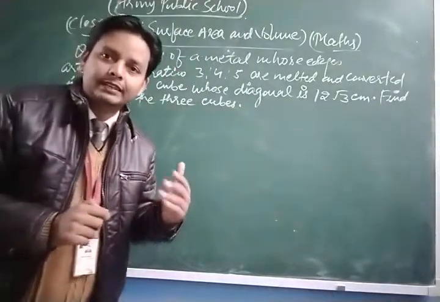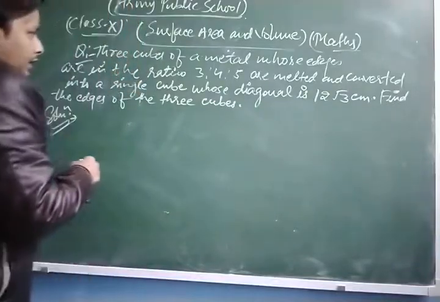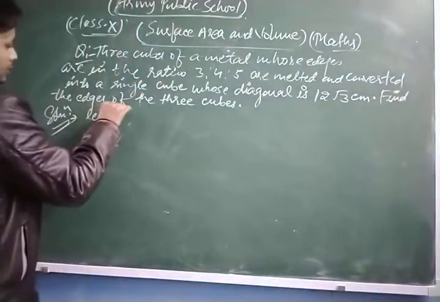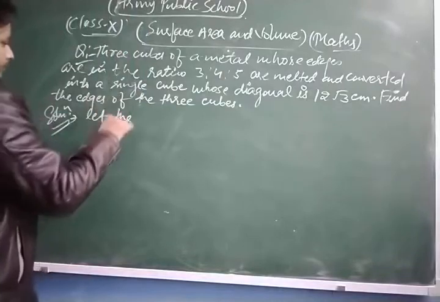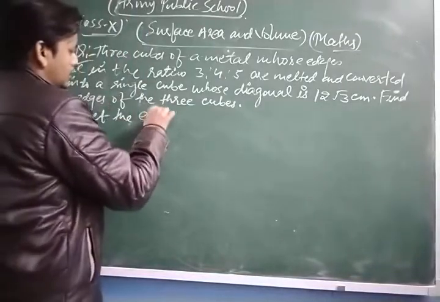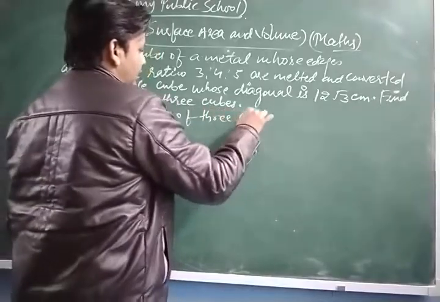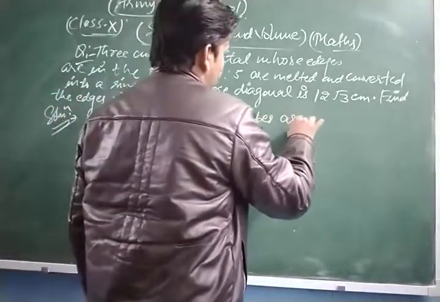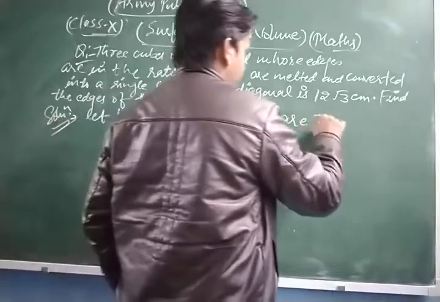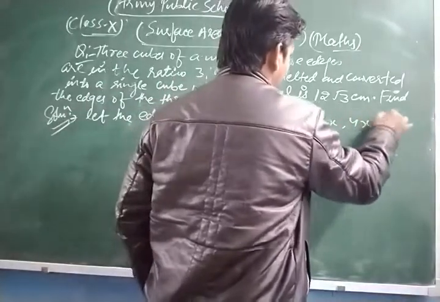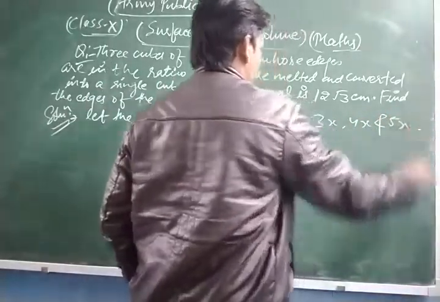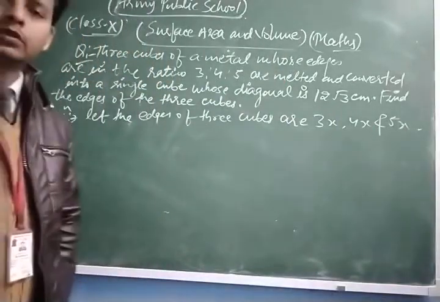First of all, let the edges of the 3 cubes be 3x, 4x and 5x respectively.